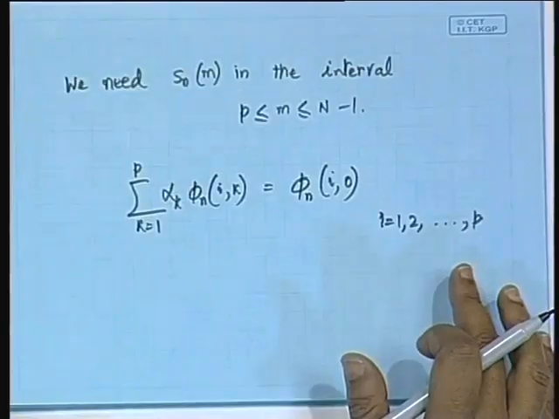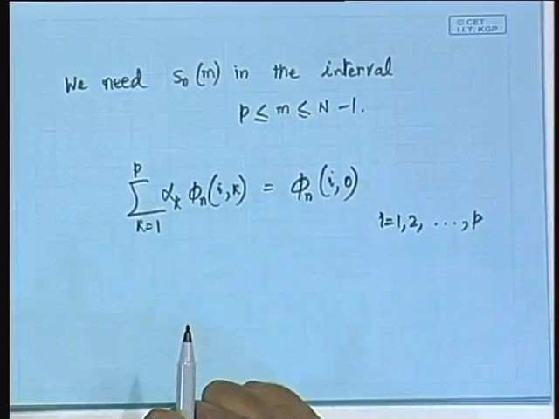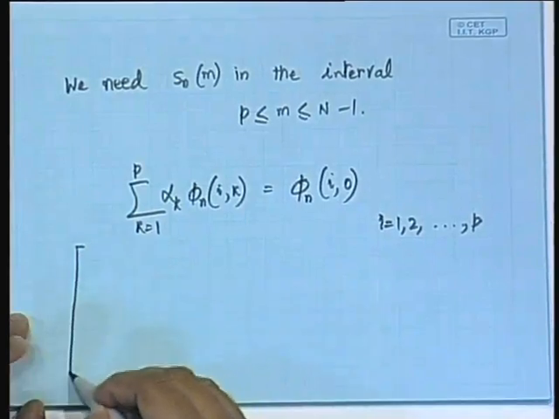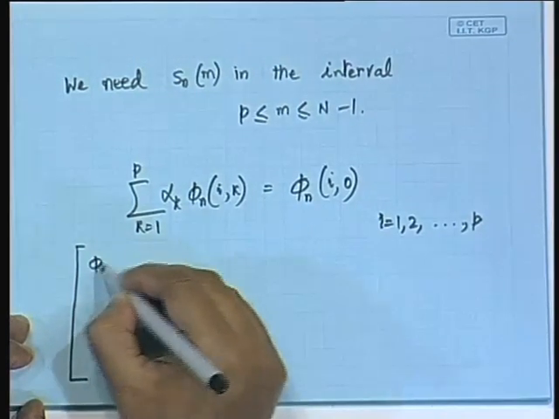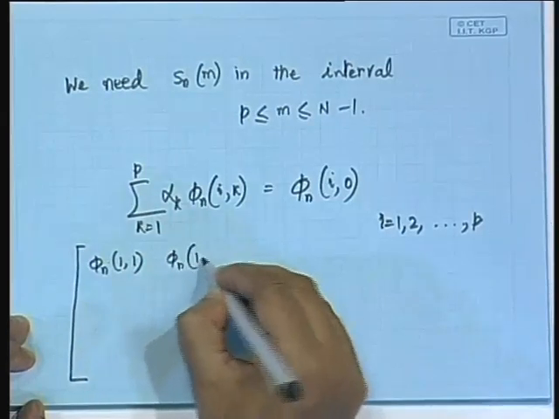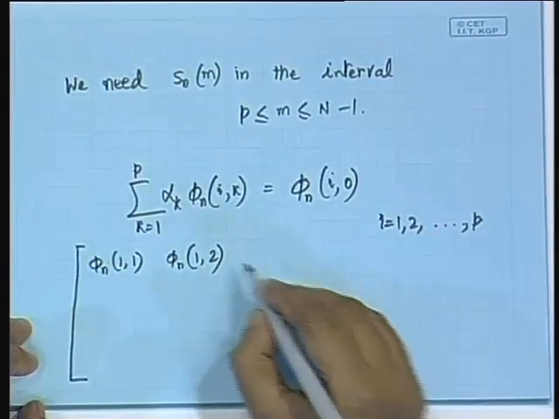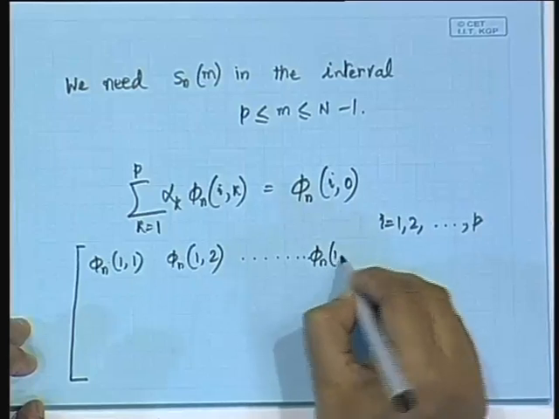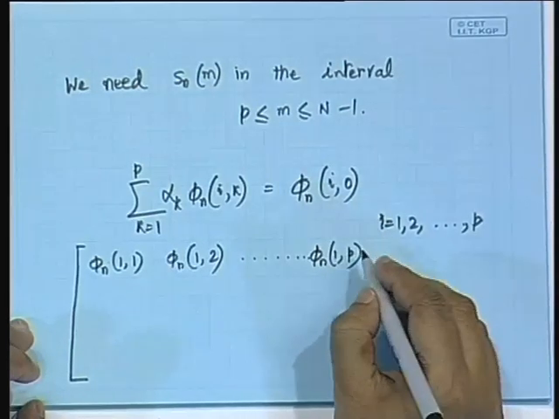It looks very similar, but in this case we will not be able to equate it to the R n terms, rather we have to keep it to the phi n terms, and the kind of matrix that results is like this. This will be phi n 1 1, phi n 1 2, up to phi n 1 p, all the first row elements.